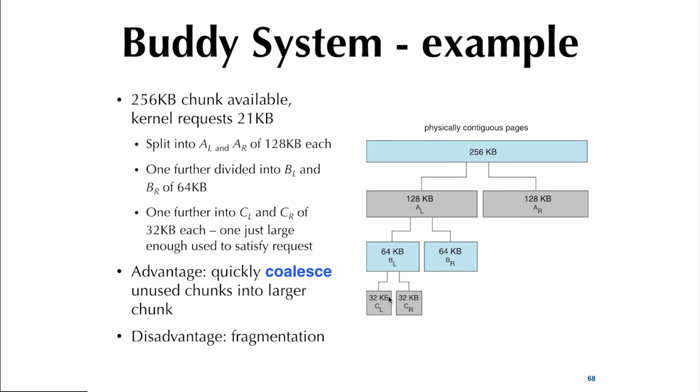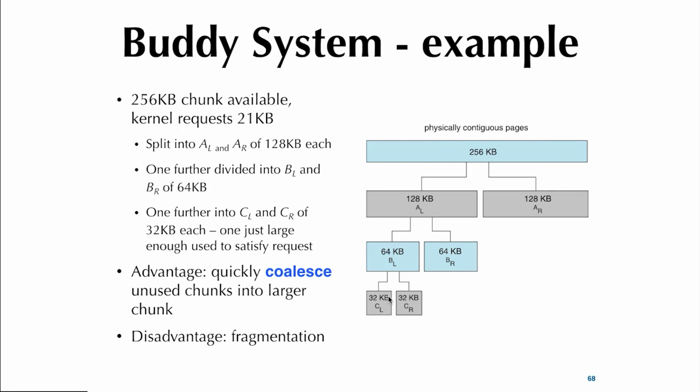But if you free some part that is next to another hole, you actually need to combine them to say, now I have a bigger hole, right? Instead of saying I have three little holes, without realizing they're next to each other, so you could actually serve a much larger request. That's called coalescing. With this buddy system, coalescing can be very quick, right?